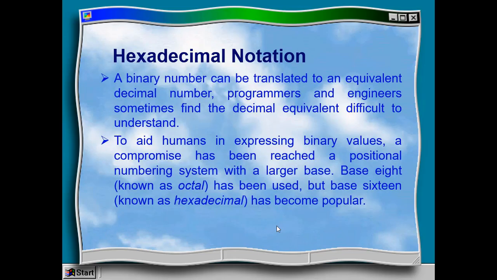So we move on to something referred to as the hexadecimal notation. A binary number can be translated to an equivalent decimal number. Programmers and engineers sometimes find the decimal equivalent difficult to understand.